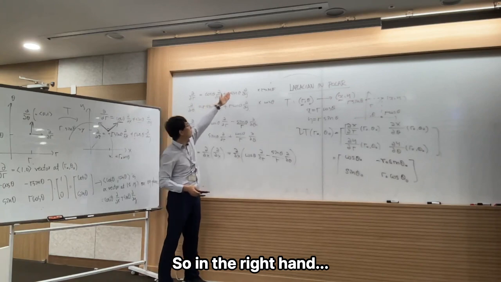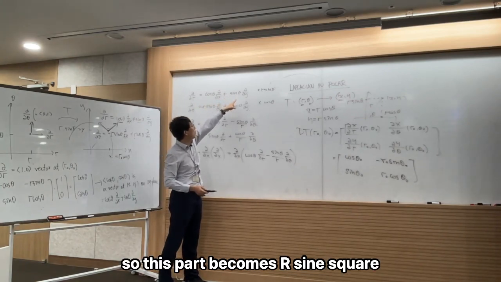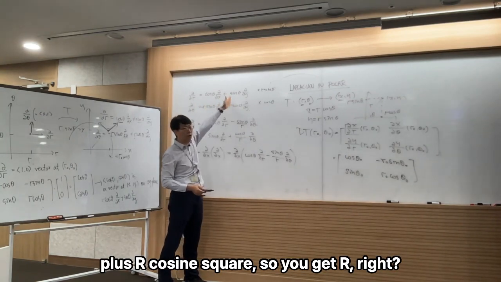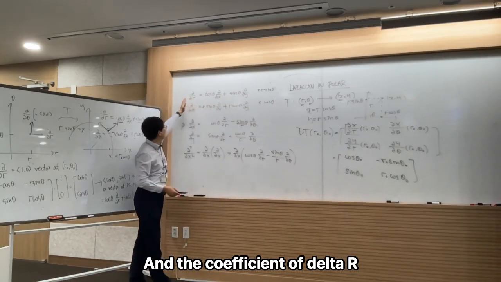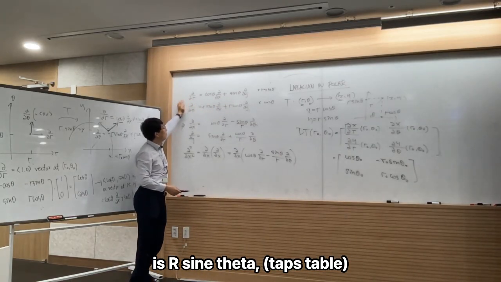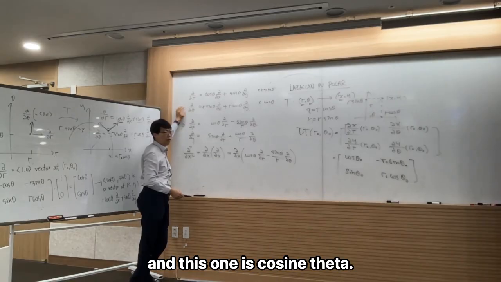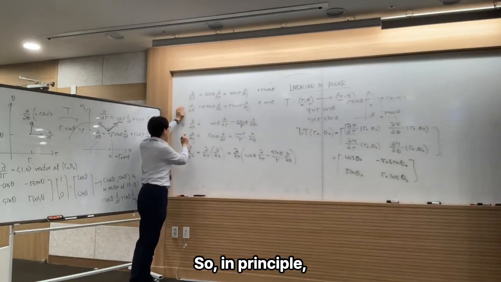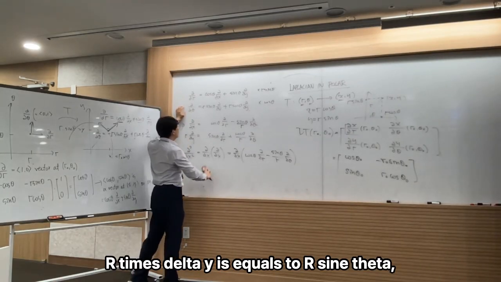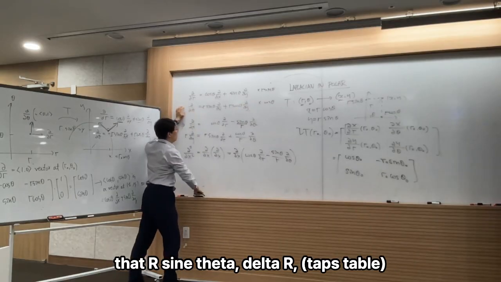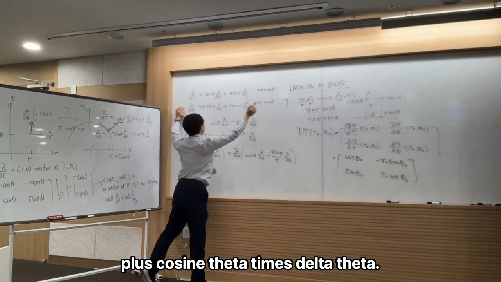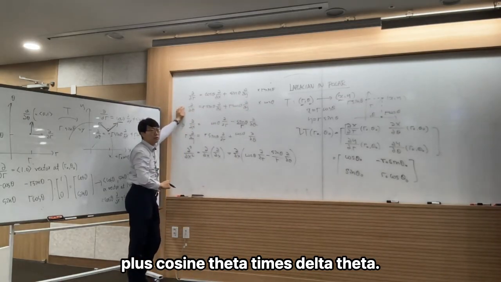So on the right-hand side this part becomes r sine squared plus r cosine squared, so you get r. The coefficient for ∂/∂y is r, the coefficient for ∂/∂r is r sine θ, and this one is cosine θ. So in principle, r times ∂/∂y equals r sine θ ∂/∂r plus cosine θ times ∂/∂θ.